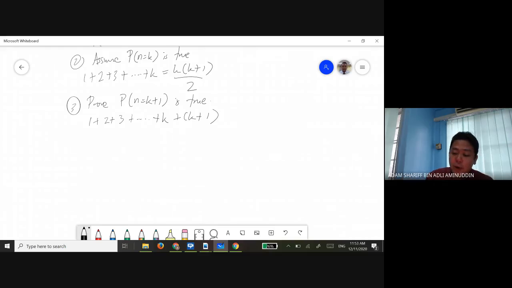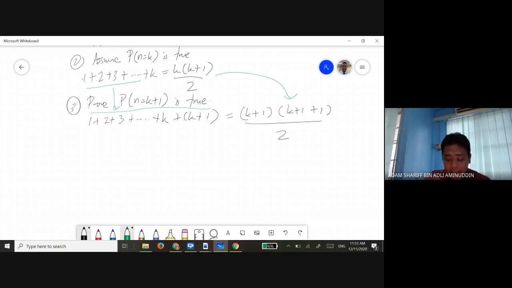You need to show it will be equal to k plus 1 over 2. It's very good if you can compare this with this and this one with this. Second step is k, the third step is k plus 1.